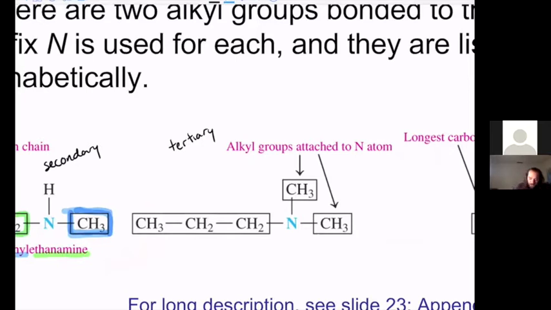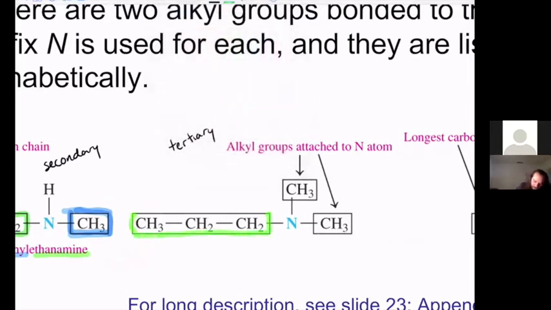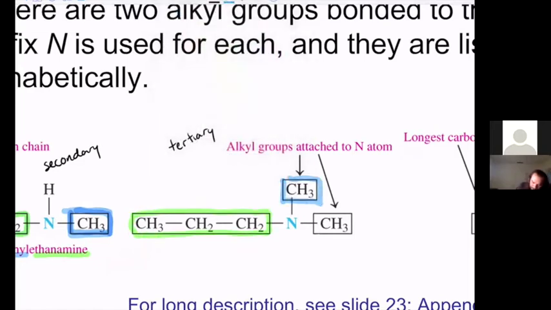First of all, look at these 3 groups, and we're going to ask ourselves which one is the largest group. That would be the parent chain. So in this case, it's this green one again. Because it's 3 carbons, it would be a propanamine. That's our parent chain here.